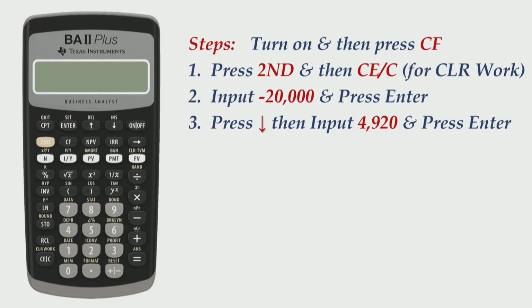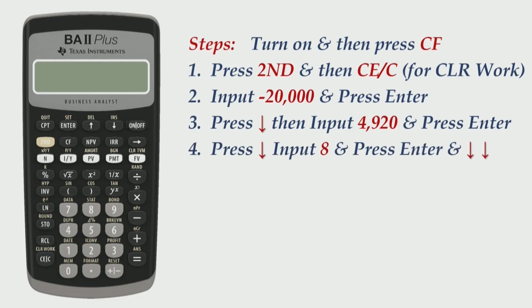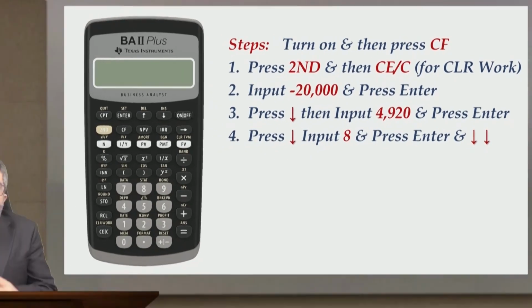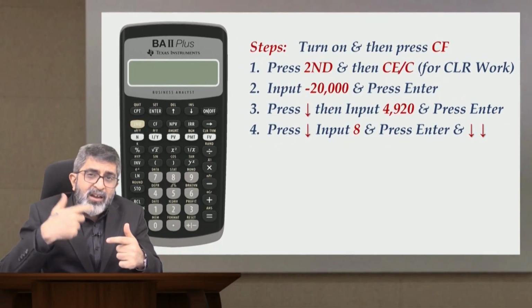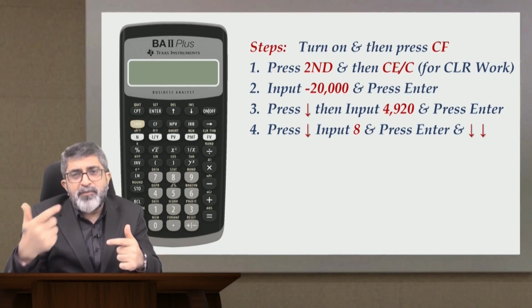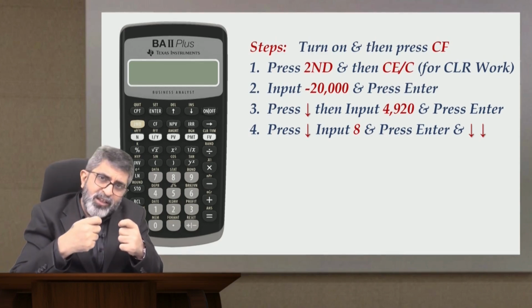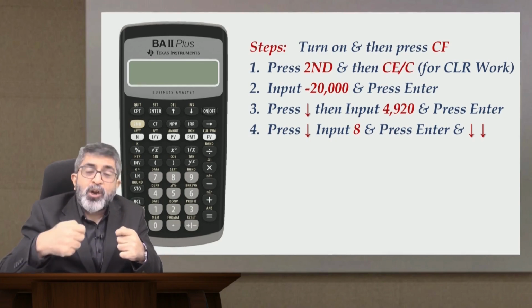Then you press downward arrow key only once, and now it is demanding the frequency. See, first time we are finding that same amount of cash flow is recurringly occurring every year. It is going to occur every year for 8 years.